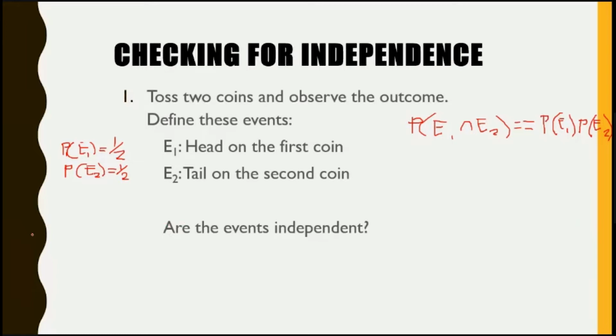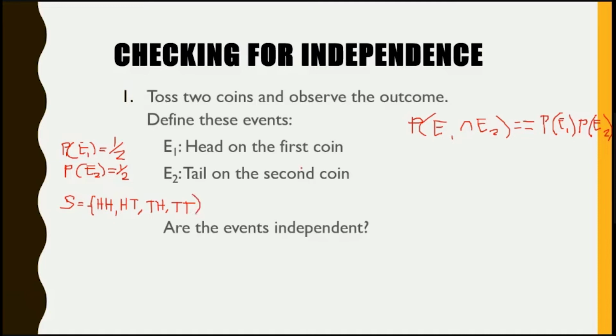Before that, let's identify first the outcomes in our sample space. Take note that we are tossing two coins, so the possible outcomes would be head-head, head-tail, tail-head, or tail-tail.